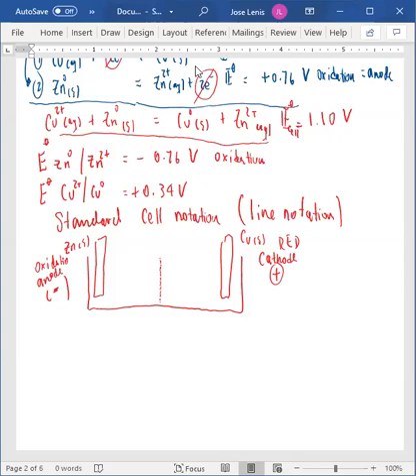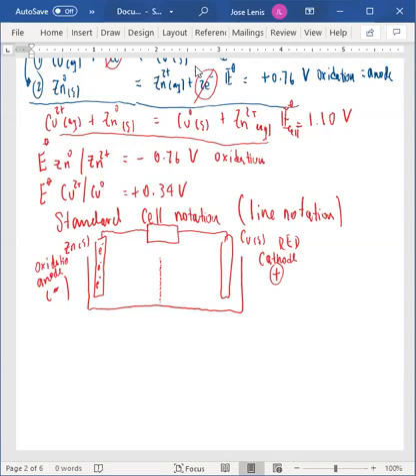So the zinc will lose electrons, and the electrons will stay here, and they need to go somewhere. That's why we need to connect these two electrodes using a wire, but in between we can place a voltmeter to measure the potential difference between these two.